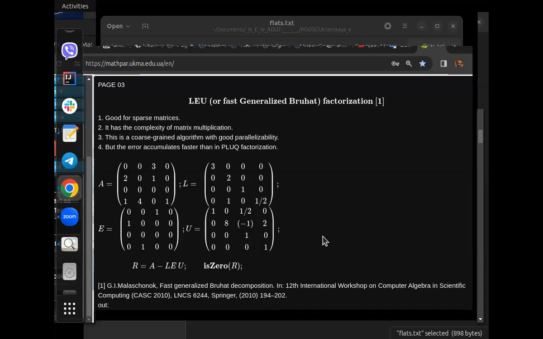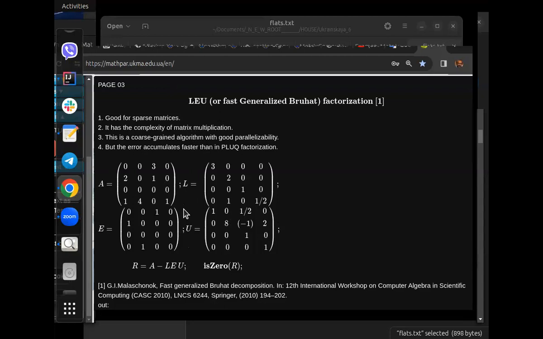We call it the fast generalized Bruhat decomposition, because it is faster: the decomposition can be done not only for a full rank matrix A, but also for a matrix that is not full rank, as in this example. Now the matrix L is lower triangular, you see it here, U is upper triangular, and E is a permutation matrix.